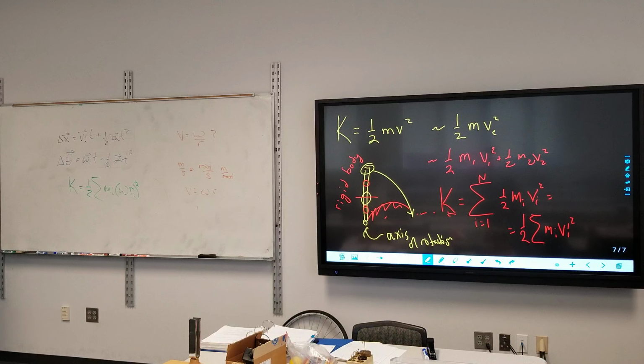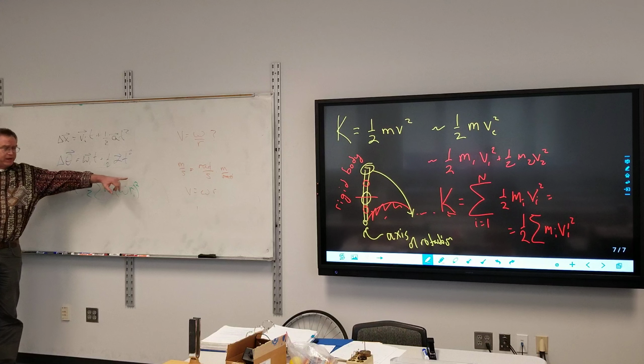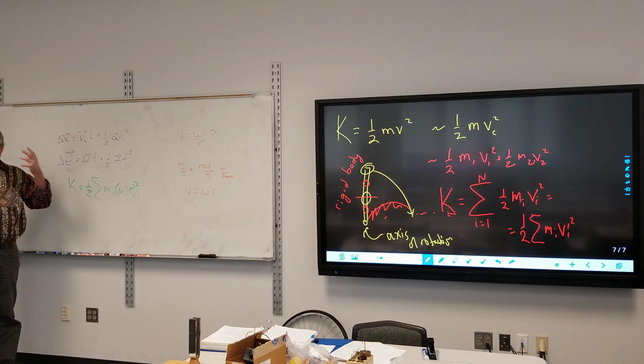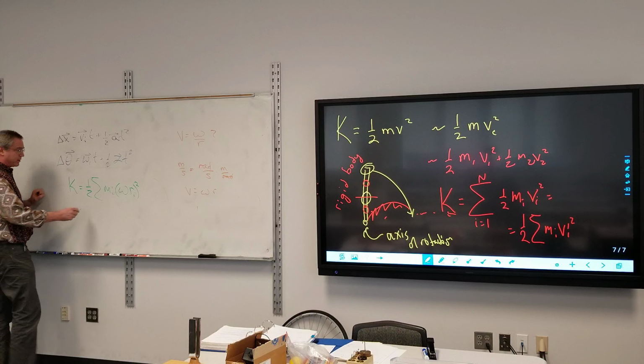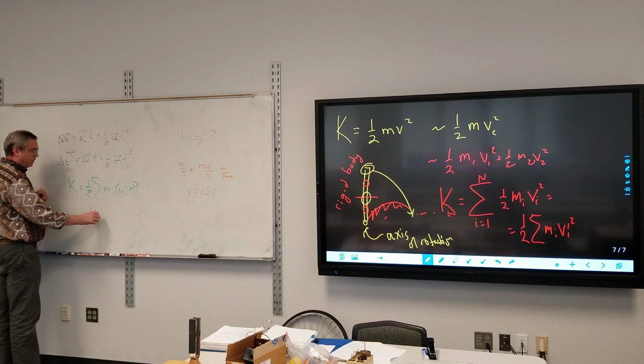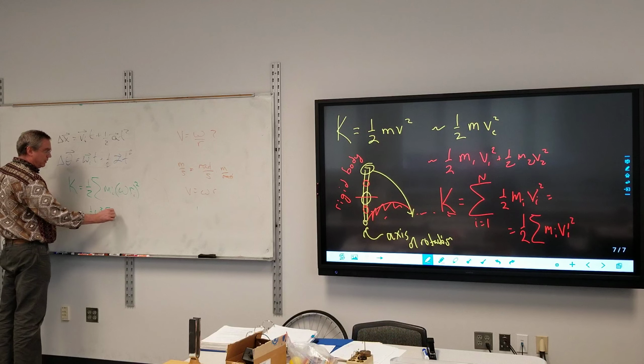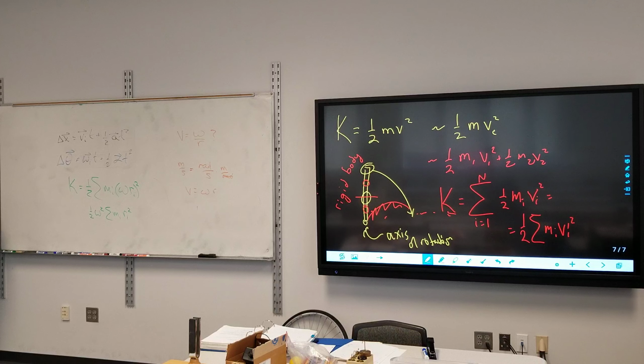Now omega doesn't have a subscript because again, rigid body, all the angular speeds are the same. In essence, omega squared is a constant for this object, and so it can factor out. So I'm left with 1/2 omega squared times the sum of m sub I r sub I squared, which seems simple enough.